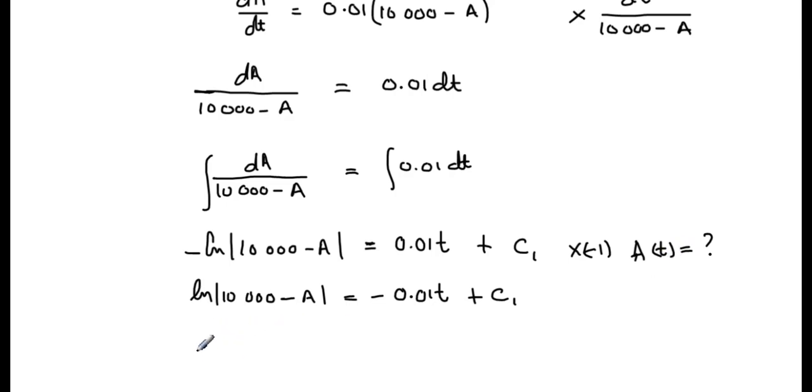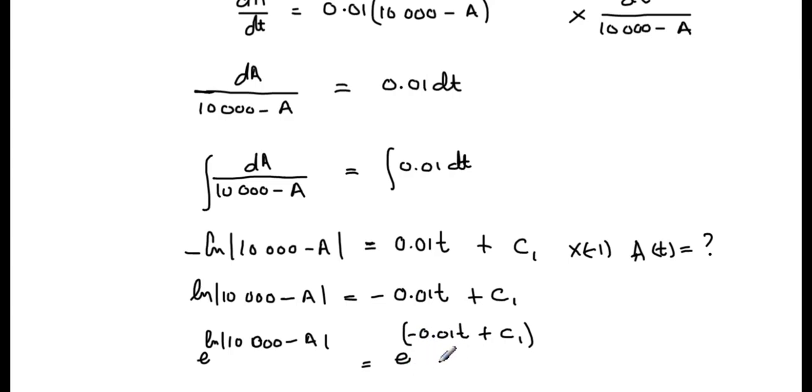So what we can do here is apply e on both sides, which is inverse to ln, and we've got e to the power ln of the absolute value of 10,000 minus A equals e to the power of minus 0.01 t plus c1. I want to use brackets there to emphasize that the whole of this sum becomes the power of e.